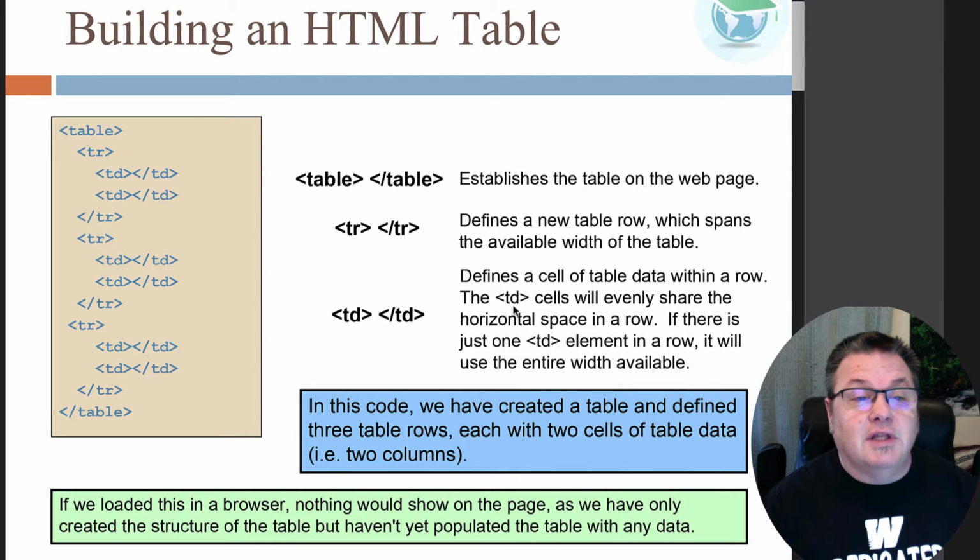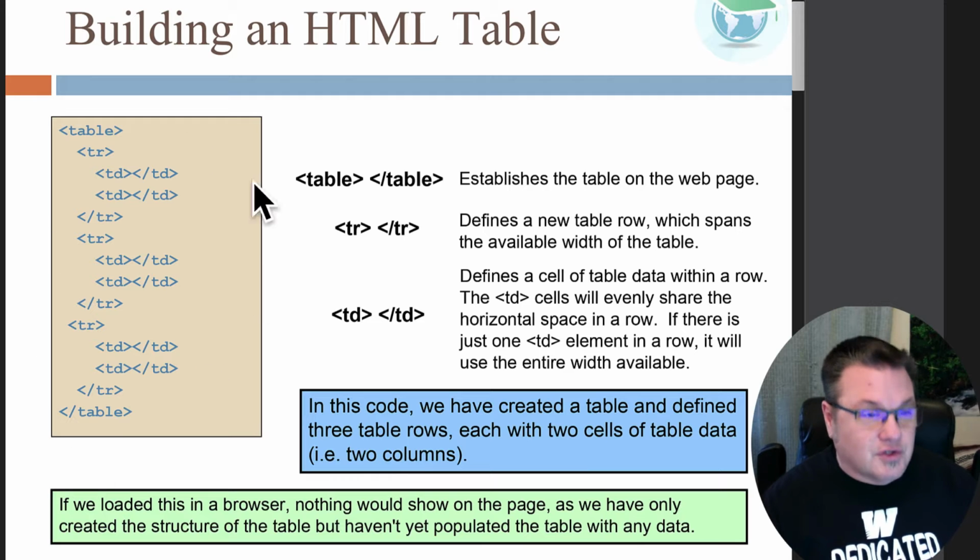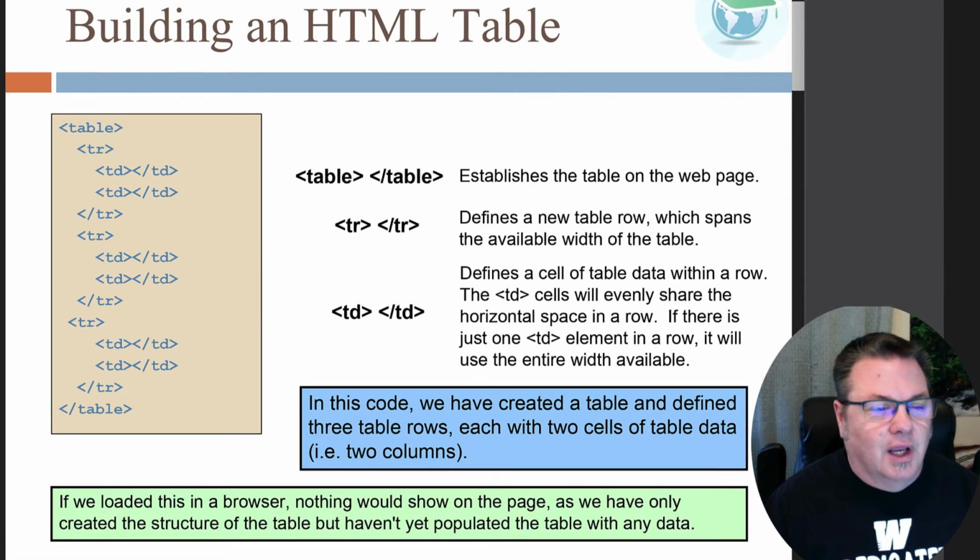They'll evenly share horizontal space in a row. If there's just one, it'll use the entire width. So the number of columns is determined by the number of data points in each row. The number of rows is determined by the number of TRs, okay? If we load this in a browser, nothing will show because there's nothing inside any of it, right?